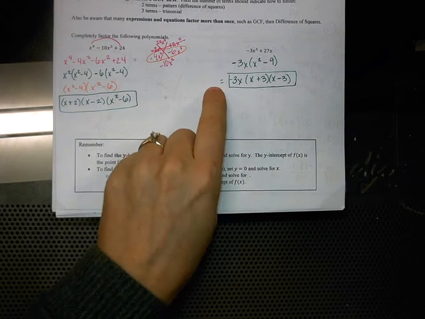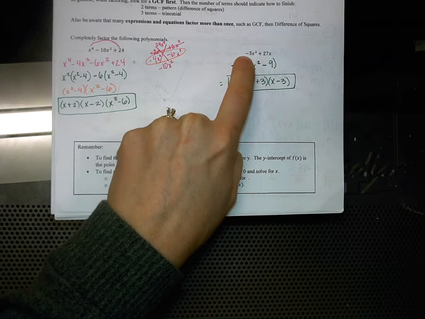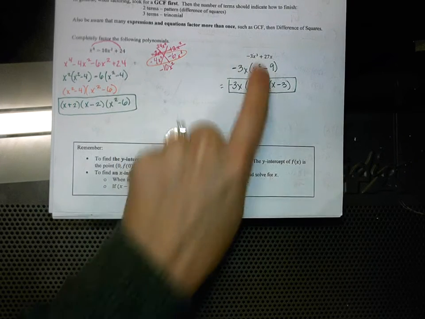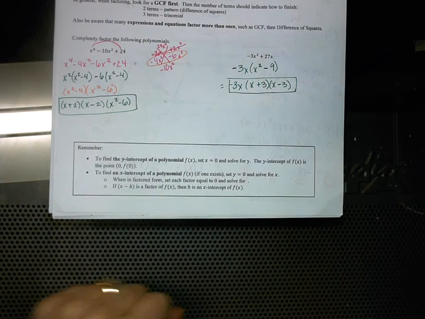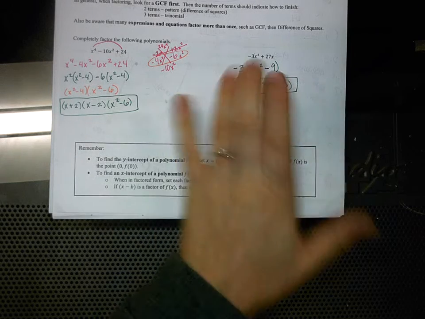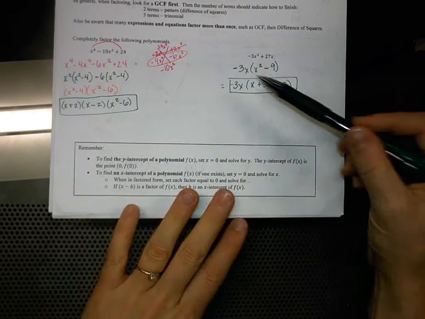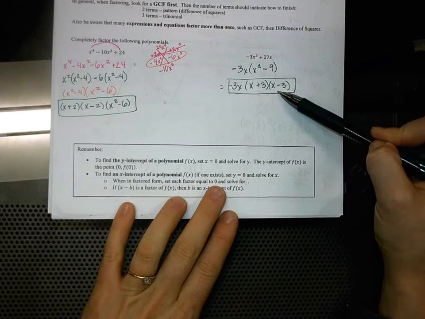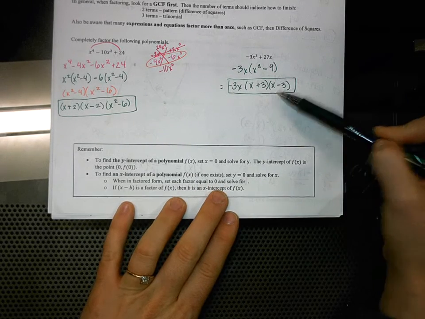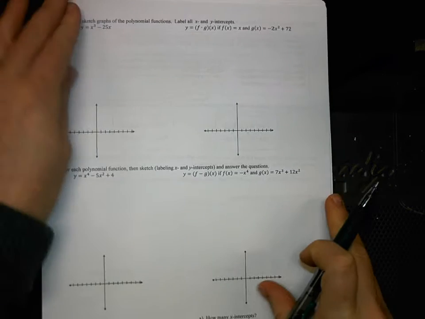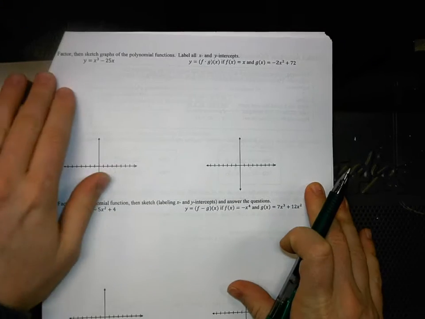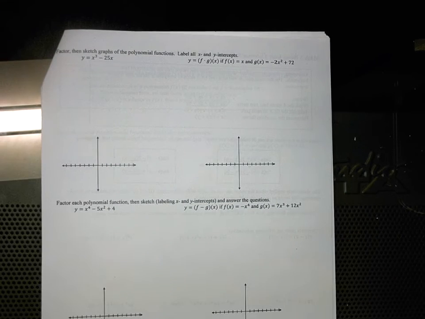And for x-intercepts, we would set each of these factors equal to 0 and solve. We're going to do that on the other side. That's why we're factoring today: these are in standard form, and we want to graph them, and the easiest way to graph them is in factored form.